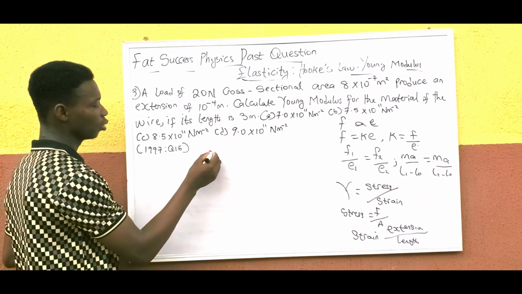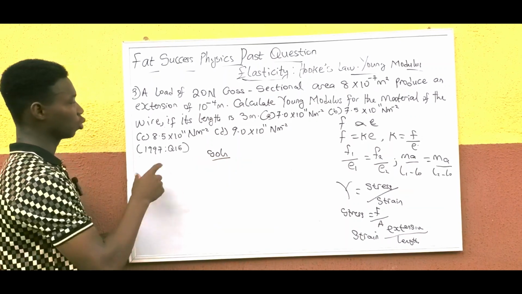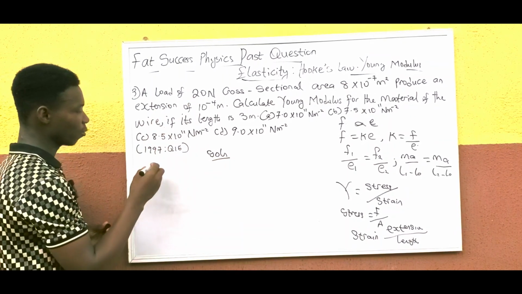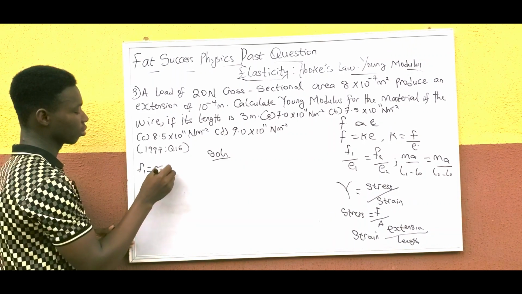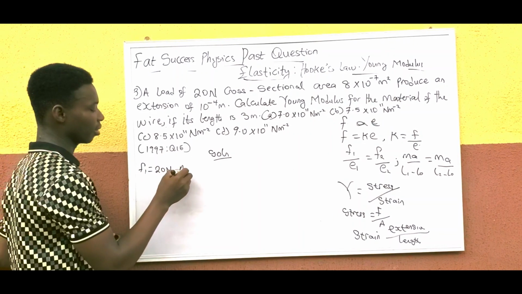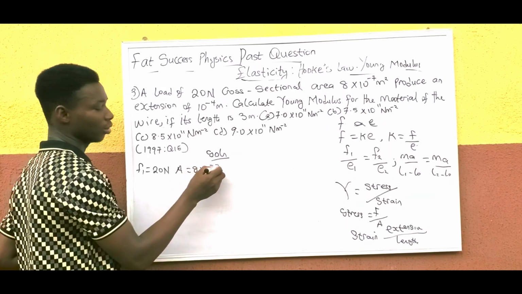So from here, don't forget, write out the parameters. We have our F from here given as 20 Newton. Cross-sectional area A given as 8 times 10 raised to the power of minus 7.